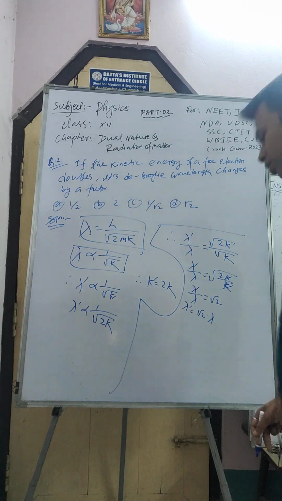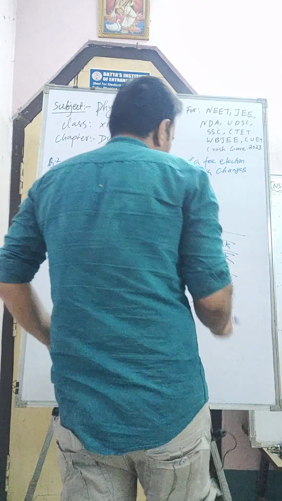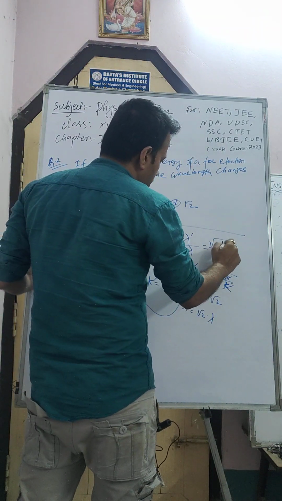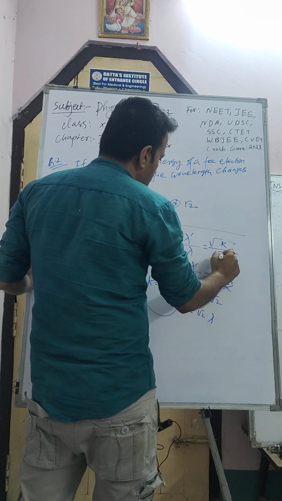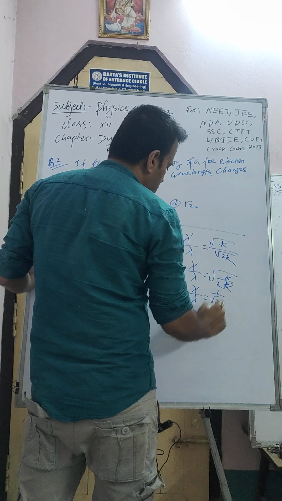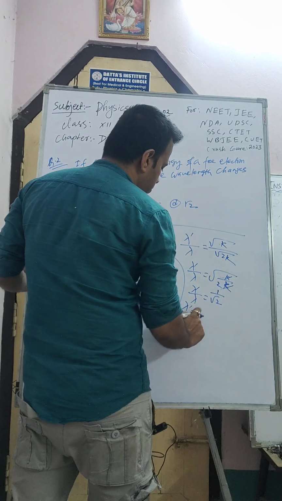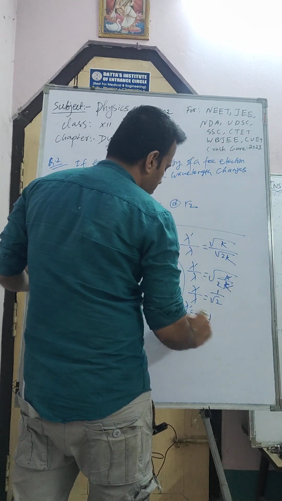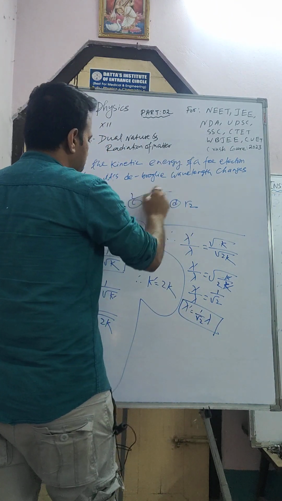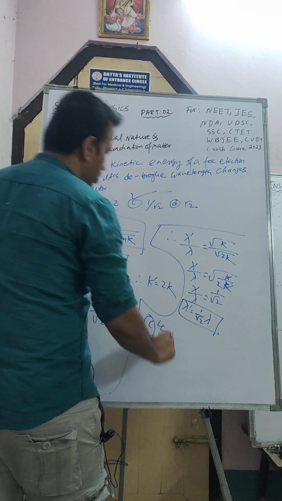Oh, it is inversely proportional. Oh, I'm making a mistake here. Okay, lambda dash by lambda will be root K by root 2K. So it will be 1 by root 2. So lambda dash is 1 by root 2 lambda. Which option is correct? Option C is correct. So option C is the correct answer.